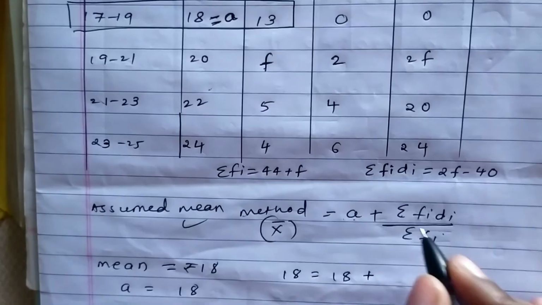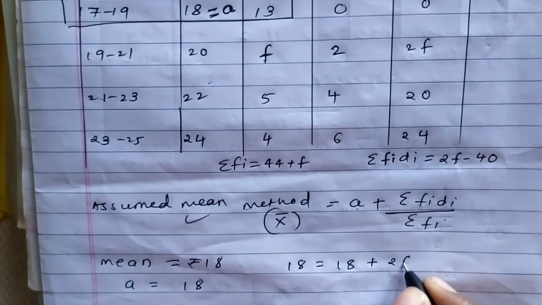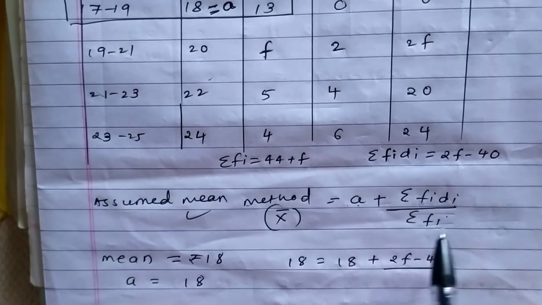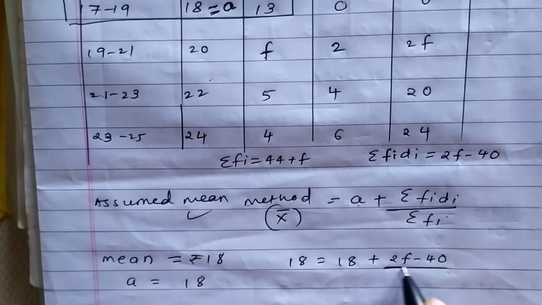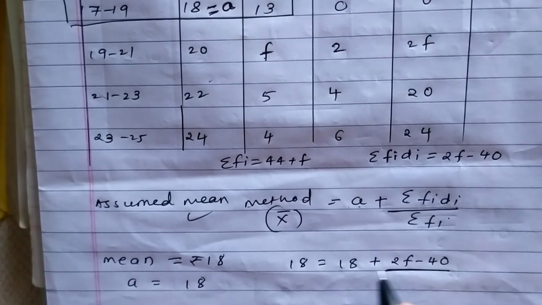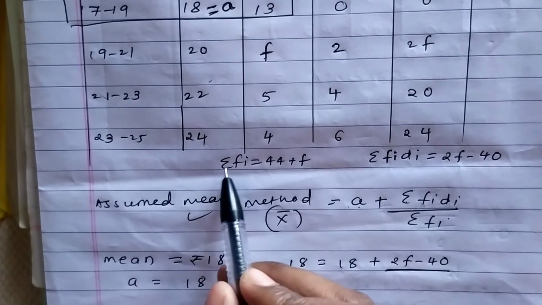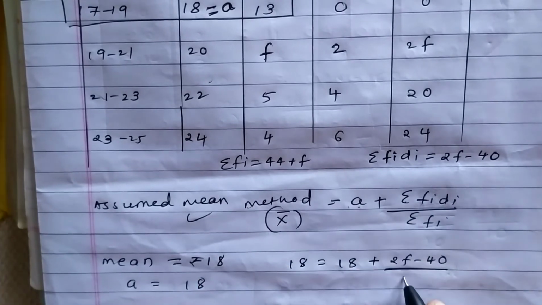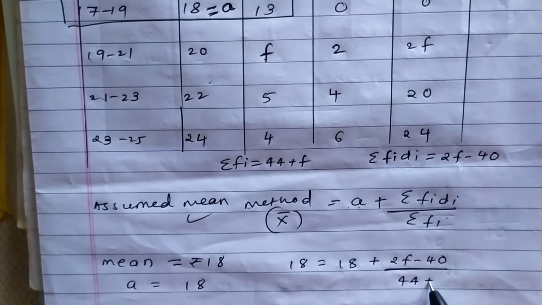Next plus summation of fi into di, that is 2f minus 40. Be careful while doing the calculation. See here, summation of fi is only the denominator of this term, not 18. So don't write fi upon 18. This is summation of fi, that is 44 plus f.